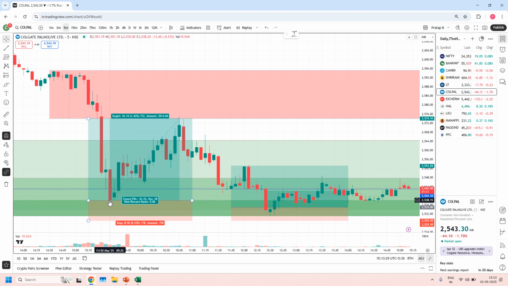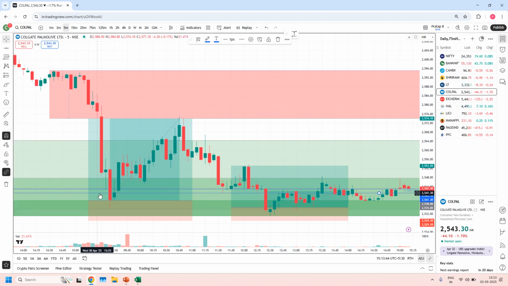Maybe 0.1% is too small. Maybe keep around 0.3%. Before the stock enters the zone, you keep an alert. Let us assume 0.2% is somewhere here, this blue color, the bottom one. Here you keep a TradingView alert.